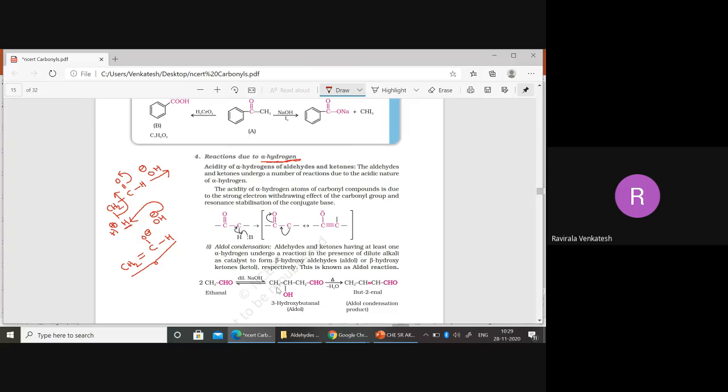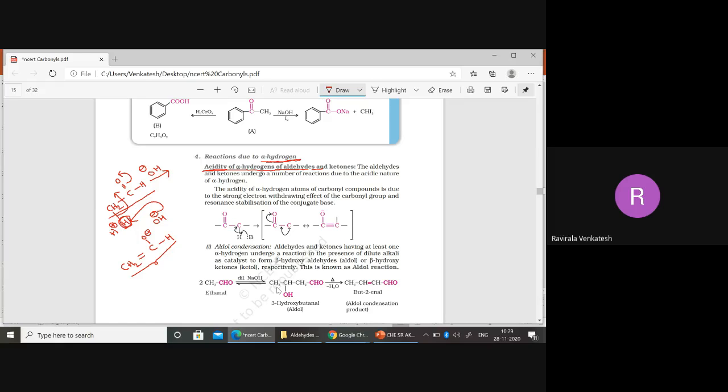Releasing of proton is called the acidity of alpha hydrogens of aldehydes and ketones. So aldehydes or ketones which have alpha hydrogens have acidic character, because they lose this proton here.